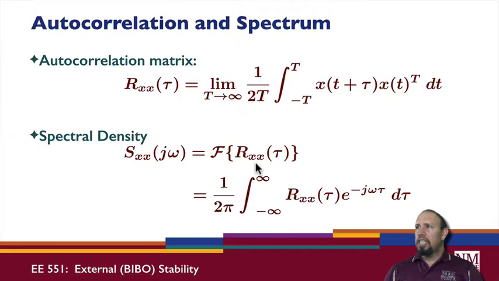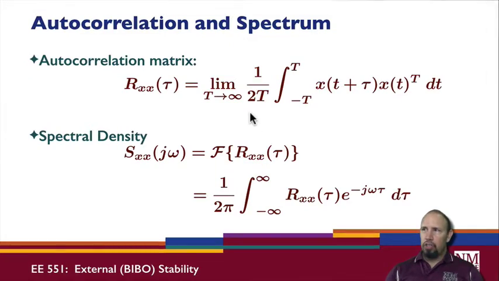The spectral density is the Fourier transform of the autocorrelation matrix. In order for this to make sense, the Fourier transform must exist, which means the signal must be finite over all time. So this is the Fourier transform of it, and so we have the spectral density. Those are just signal measures. These are not norms. Okay, these are not norms.